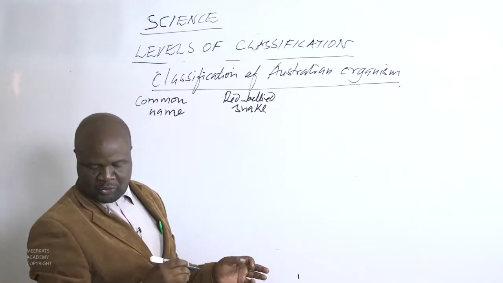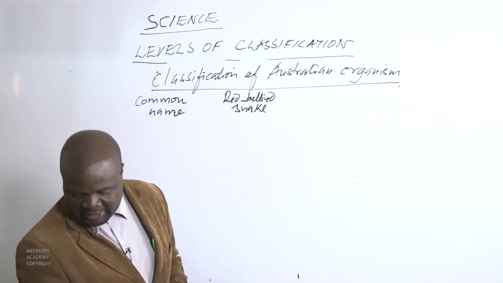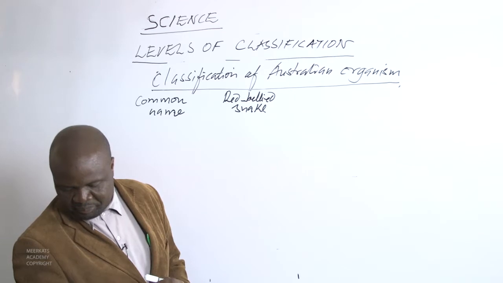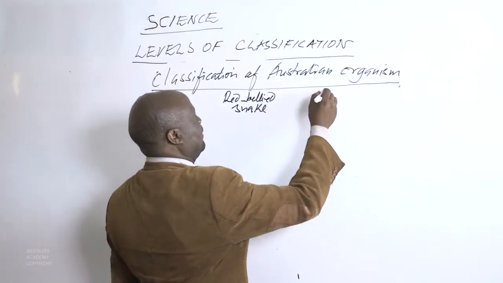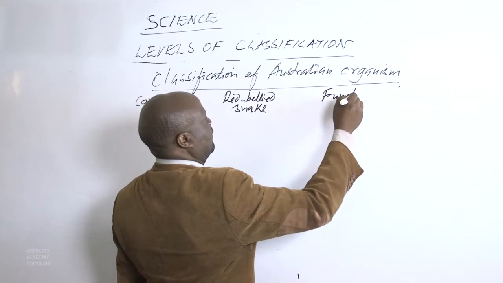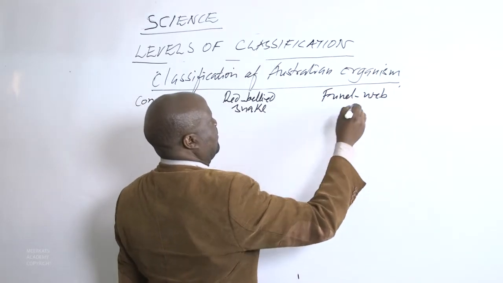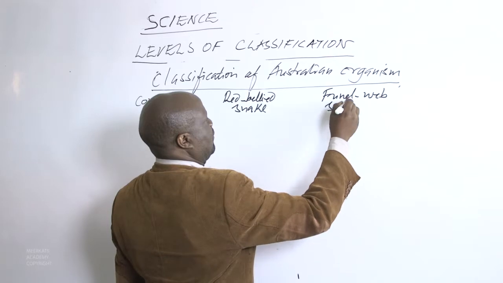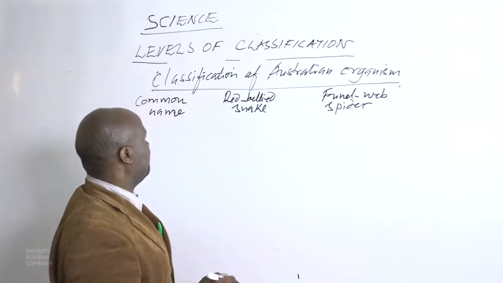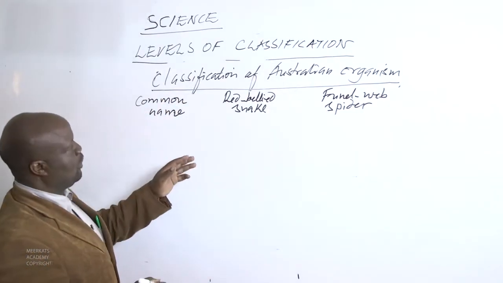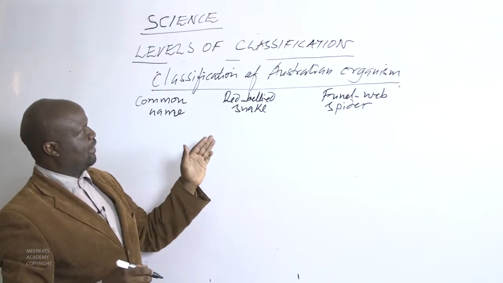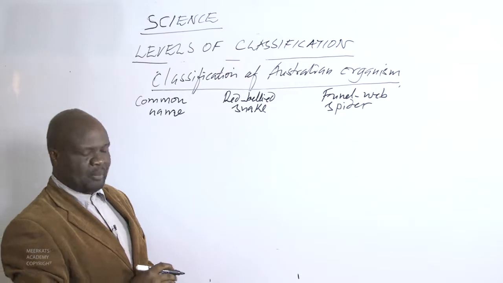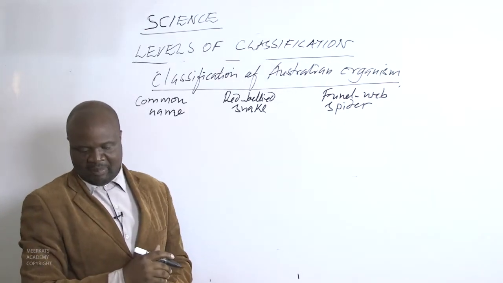We shall compare two organisms, the red-bellied snake and the funnel web spider, and see how we can classify them, where the difference emerges.